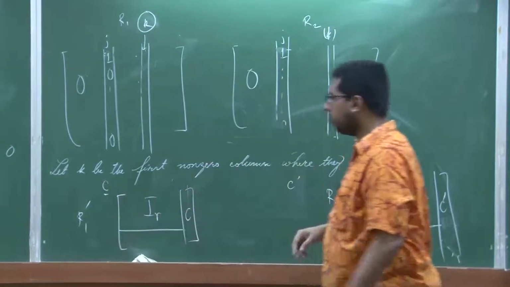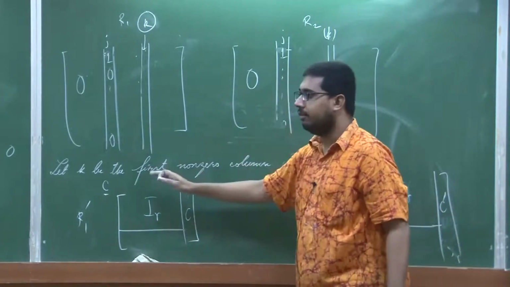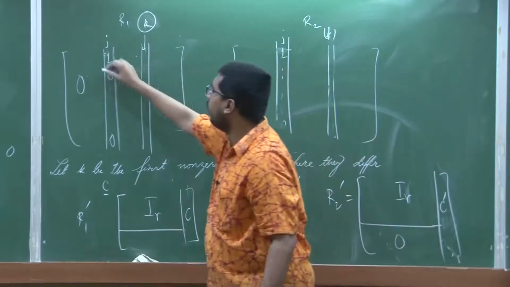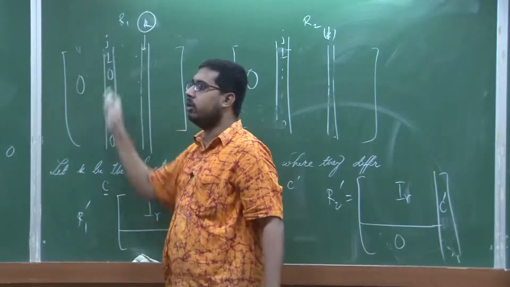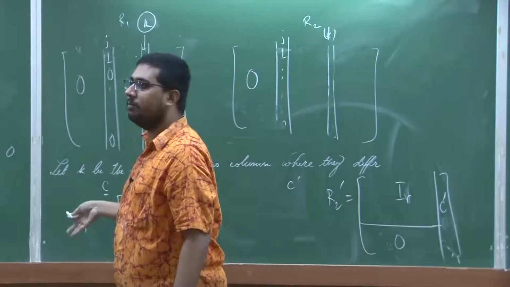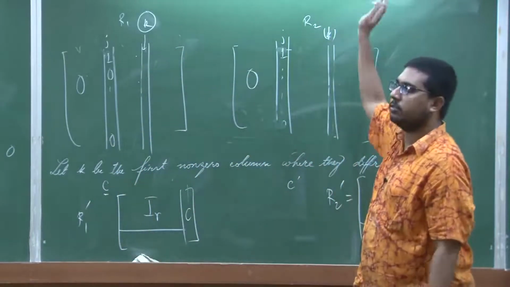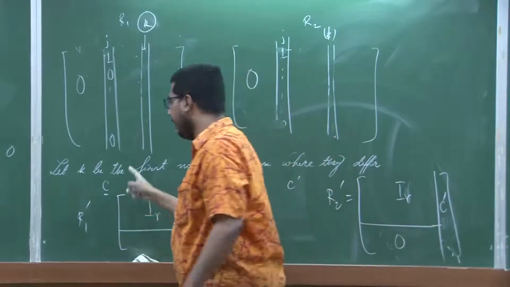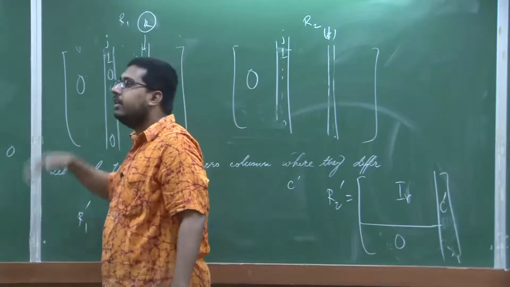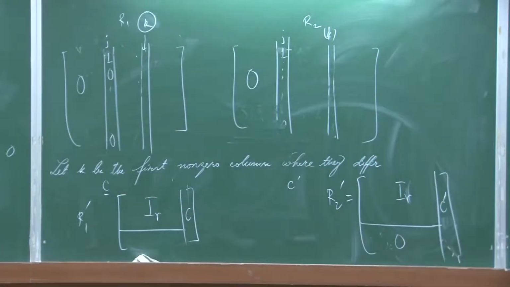So, how did we arrive at R1 dash from R1? By deleting the columns on the left side of the kth column which do not contain pivots, and the columns starting from k plus 1. Basically, this matrix has been obtained from R1 by deleting some columns, and the same columns are deleted here. What does that show?